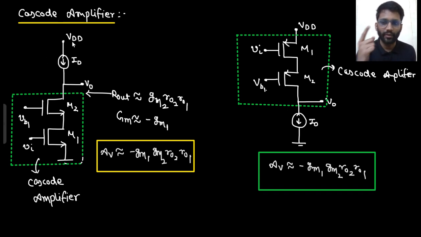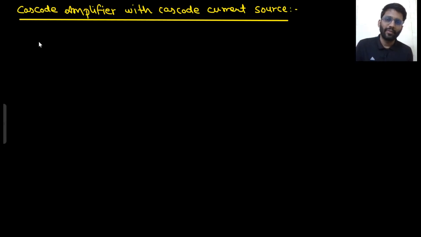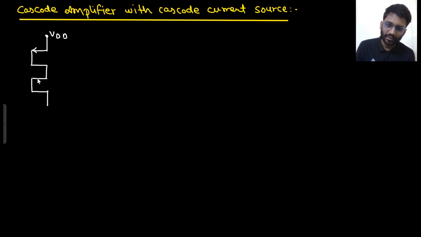So where are we going? We are going from supply from top to some node. That means we need to use PMOS. So we are making a current source using PMOS that will go from supply to some particular node.